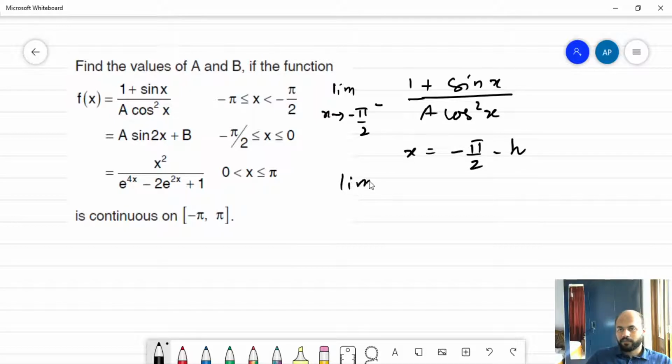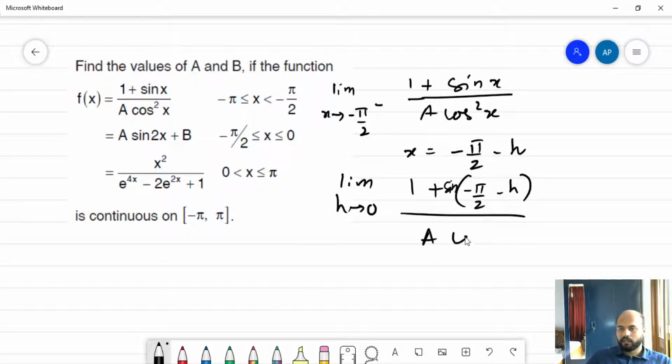So limit h tending to 0, 1 plus sine of minus pi by 2 minus h divided by a cos square of minus pi by 2 minus h.